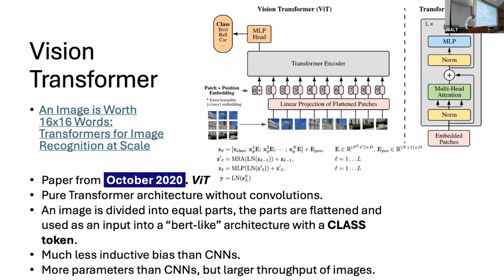Okay. So as I mentioned, there is much less inductive bias than in CNNs, because CNNs have this equivariance towards translation. So no matter where your object is in the image, the convolution will always peak at the position, no matter where it is. But this is not available for the transformer.